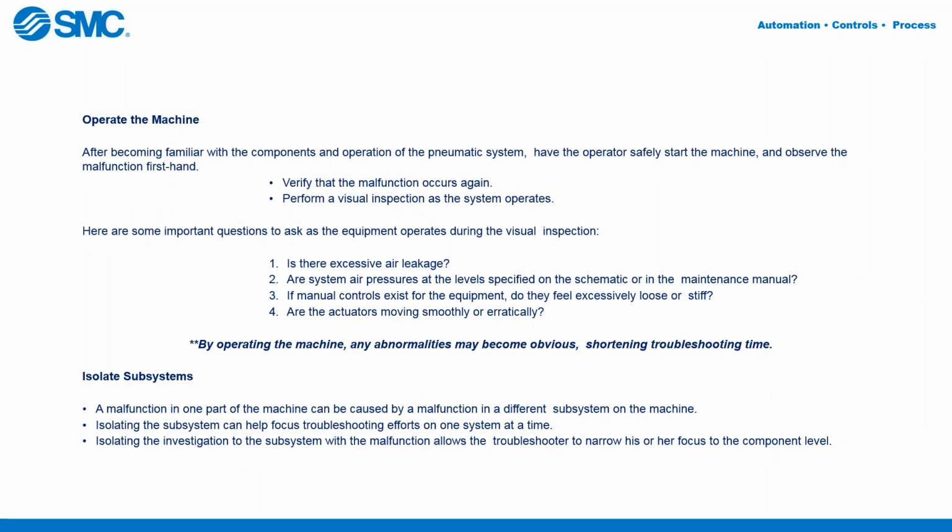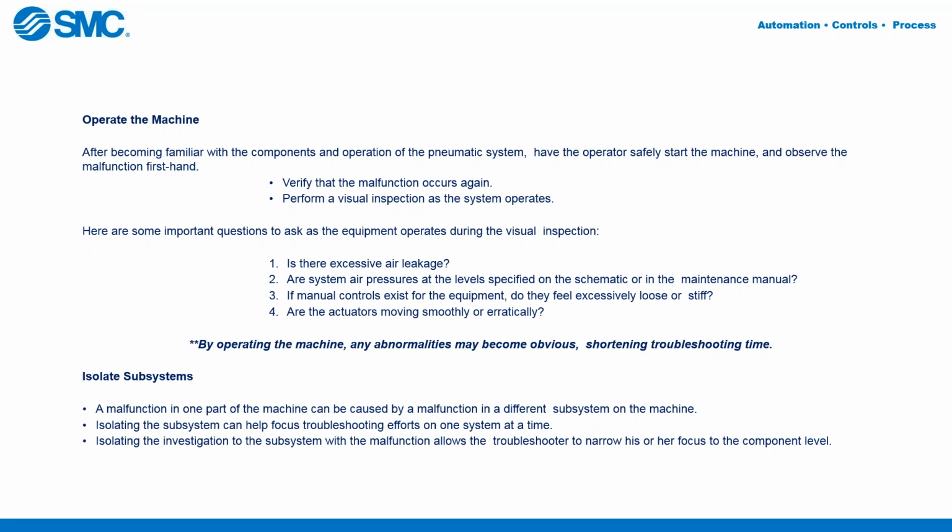And then, of course, let's operate the machine and watch what happens. And with any luck, the malfunction will occur while you're standing there watching it, rather than be one of those pesky intermittent problems. Do some visual inspection as the system operates. Note if there's any excessive leakage. Are the gauges at levels specified?